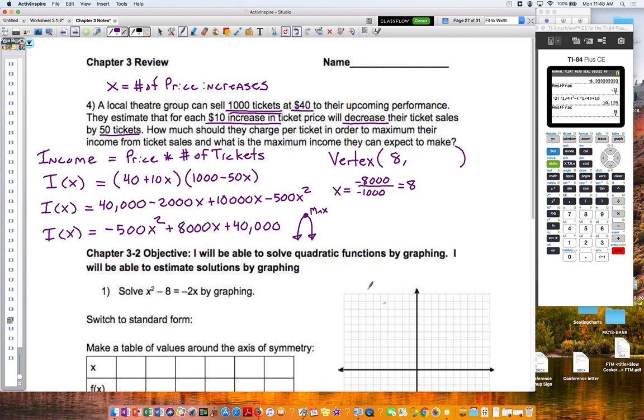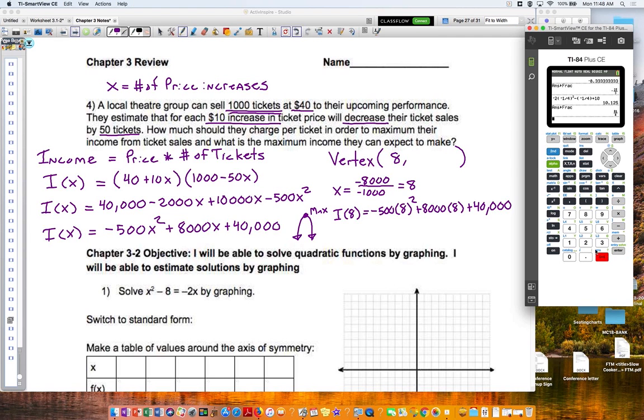If I make 8 price increases, I need to find I of 8. So negative 500, 8 squared, plus 8,000 times 8 plus 40,000. Plug this into your calculator. I'll do this one more time.